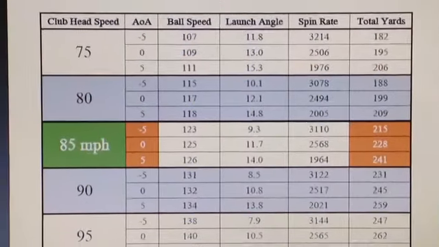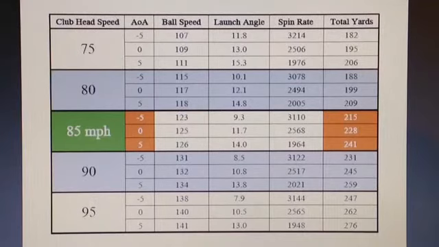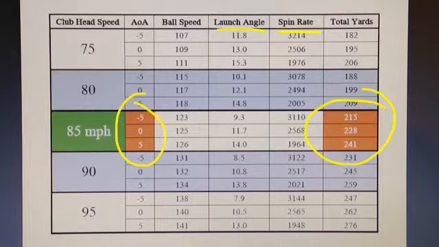Here's a great little graph that connects the angle of attack with the corresponding optimum launch angle and spin rate. And it also gives us the yardage that you can plan on hitting the ball with those numbers.